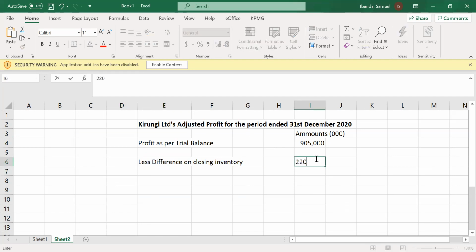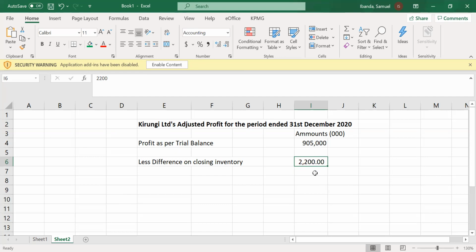The 2.2. Because it is inflating my profit. This that they didn't take into consideration made my profit to be higher than it should have been.